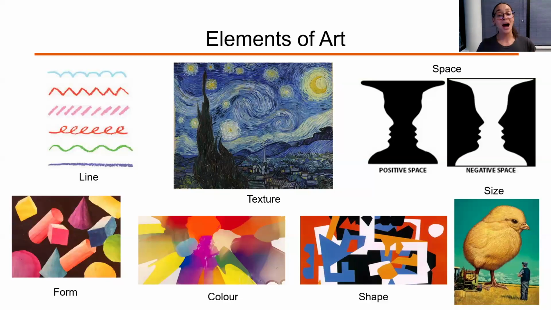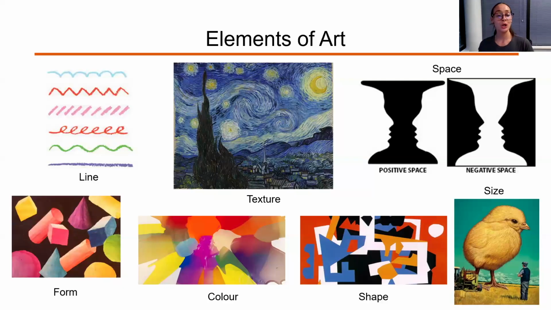Now, lines are marks that show direction and movement. They can be thick or thin, straight or curved, and they are the foundation of all art. Lines guide our eyes around an artwork and can express emotion. For example, curved lines might feel calm and relaxed, while jagged lines can feel tense and energetic.